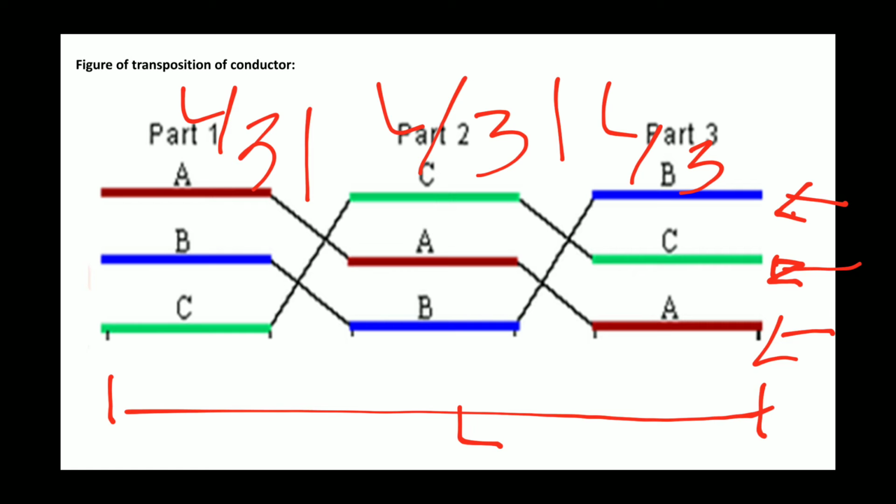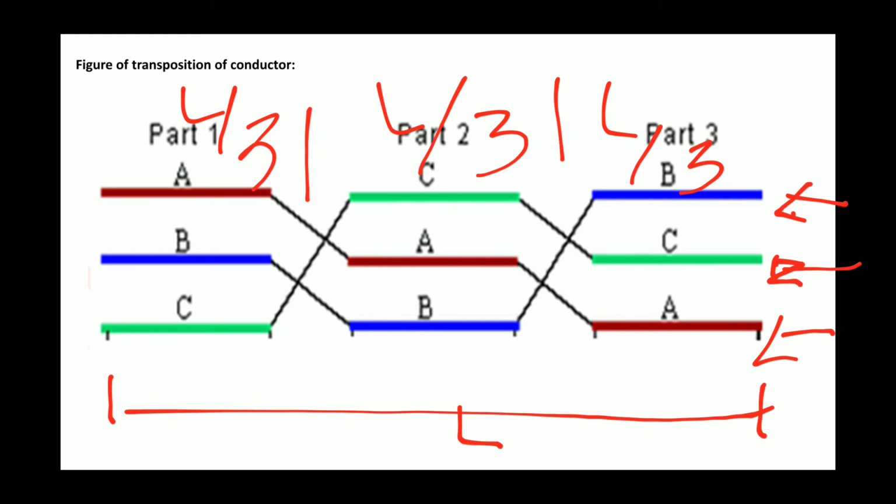Then the next is why unsymmetrical lines are to be transposed. When a three-phase line is unsymmetrically spaced, which means it is not balanced, that is the distance between the three conductors is not the same. Under this situation, the flux linkage and therefore the inductance of each phase is not the same, but has different values for each phase.